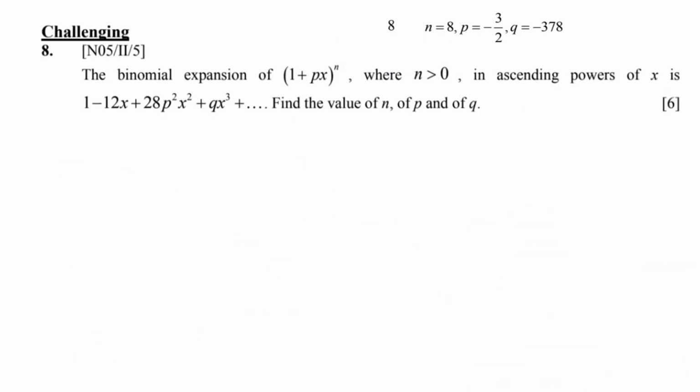Right, let's do the last question. The last question is classified as challenging. Let's see how challenging it is. First things first, we need to do the expansion for this. So let's write down the binomial theorem.